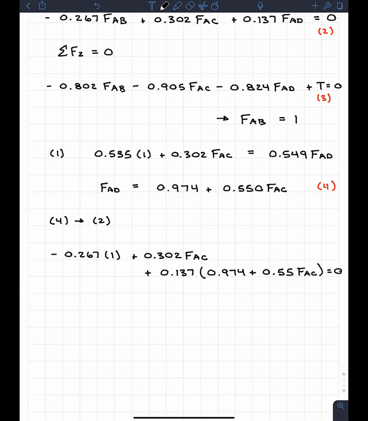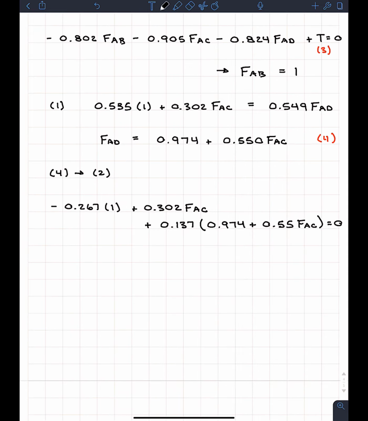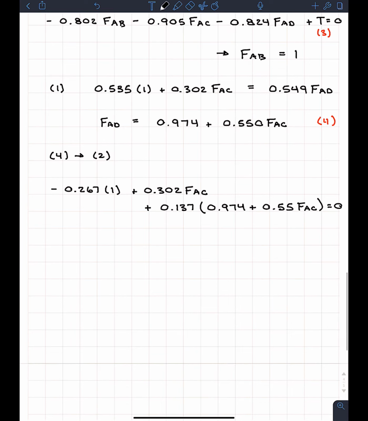From here, I can start rearranging things to solve for FAC. If I move all the FACs to one side, I get 0.377 FAC. And if I move all the constants to the other side, I get 0.134.